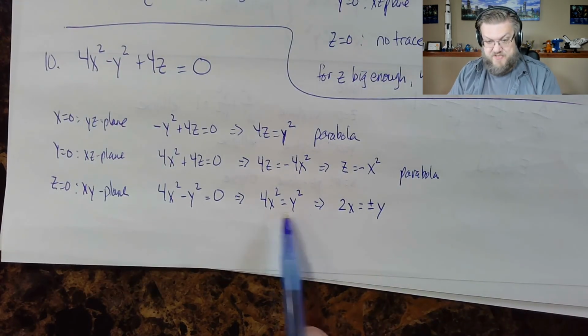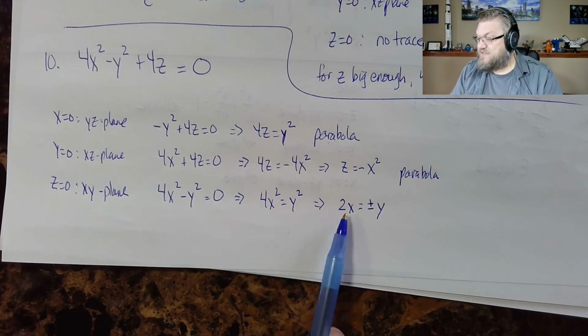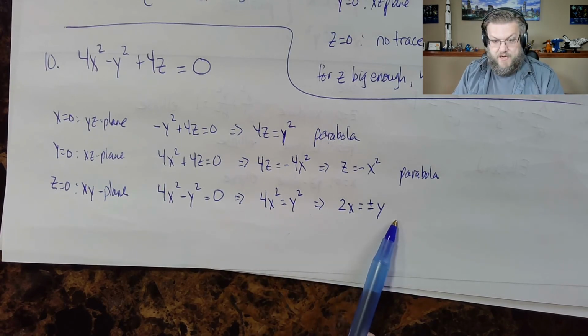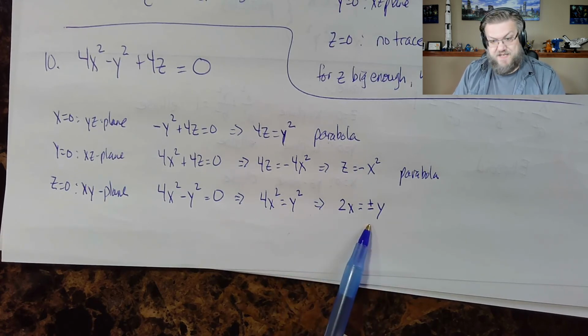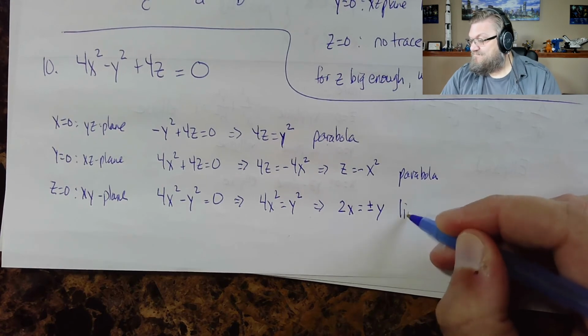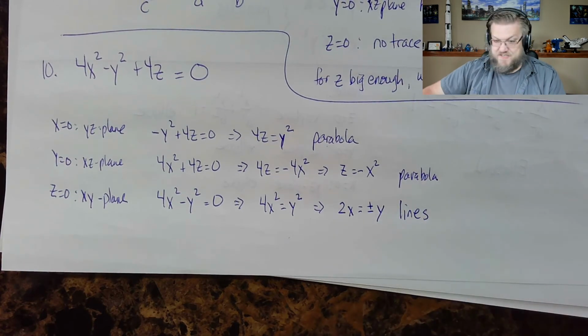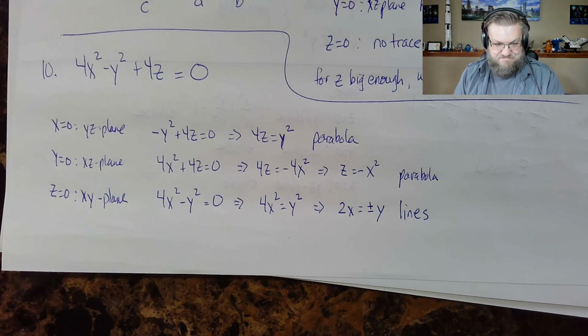These are straight lines. Oh my goodness. So when I intersect this with the floor, I should get straight lines.